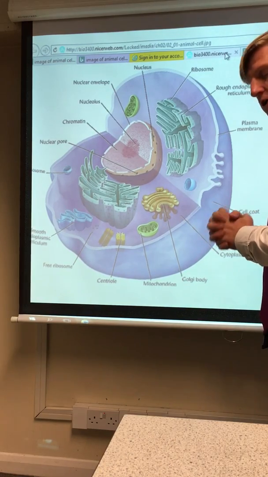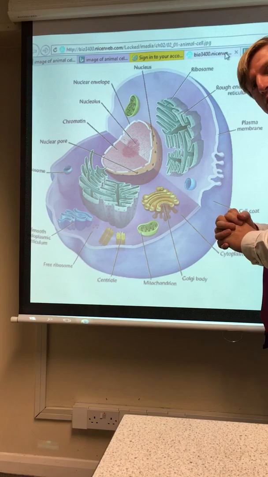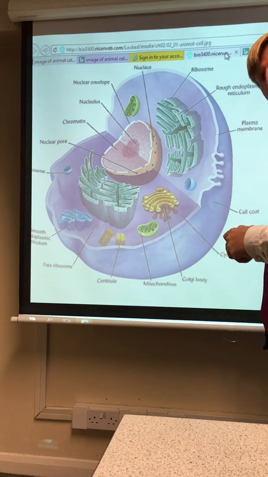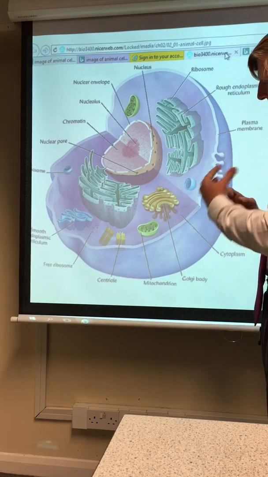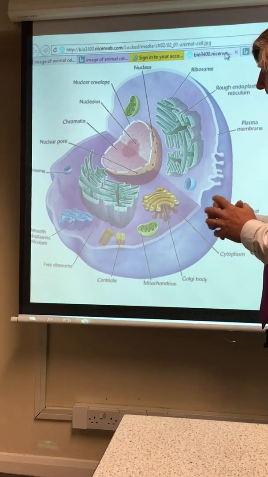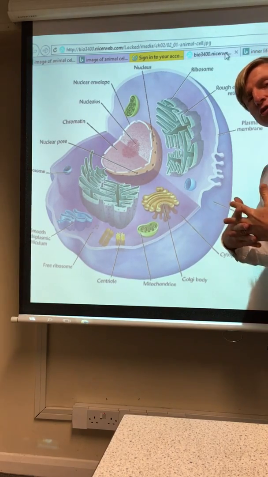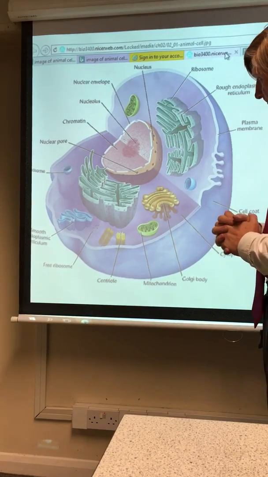Either channel proteins for simple diffusion through the channel, or facilitated diffusion, which happens down a concentration gradient like simple diffusion, but it involves, without energy, the carrying of substances by carrier proteins. And then active transport, which is against a concentration gradient across the membrane, but this requires energy.